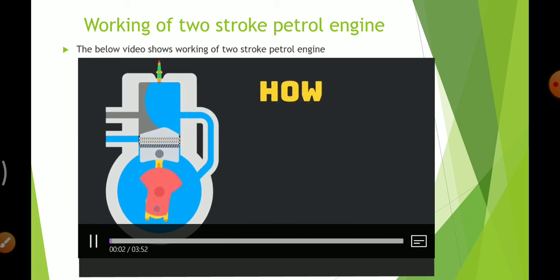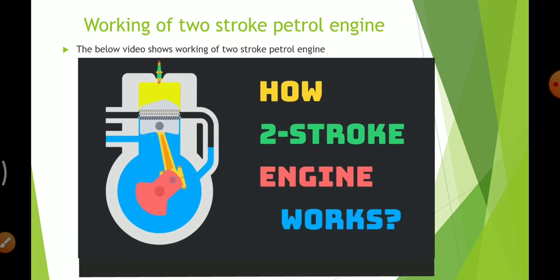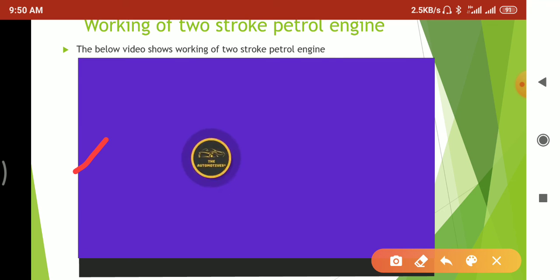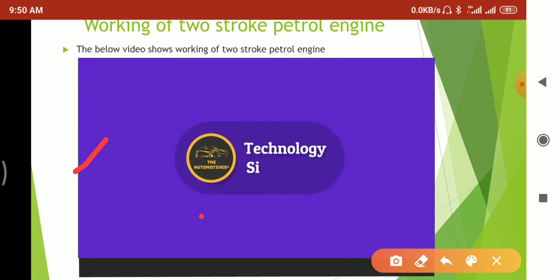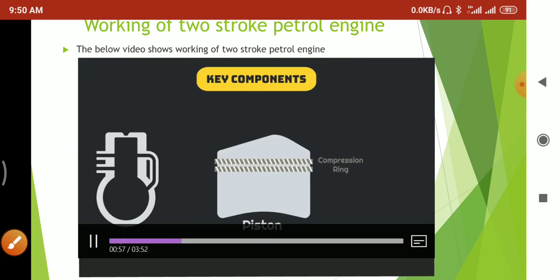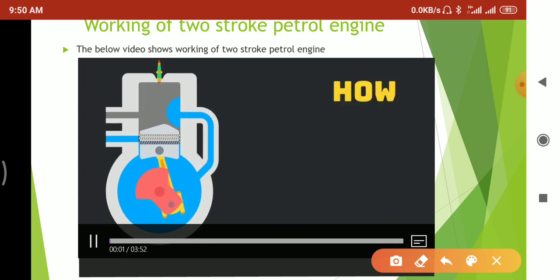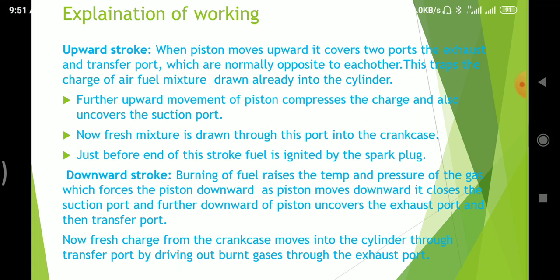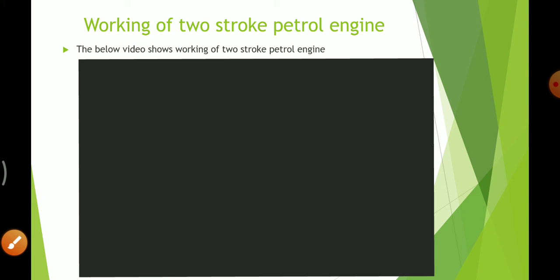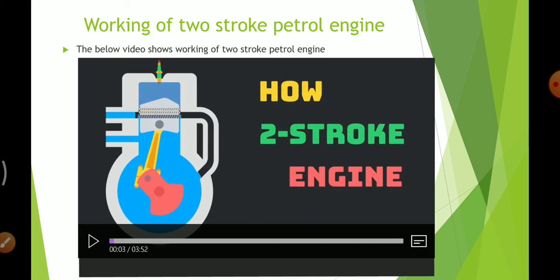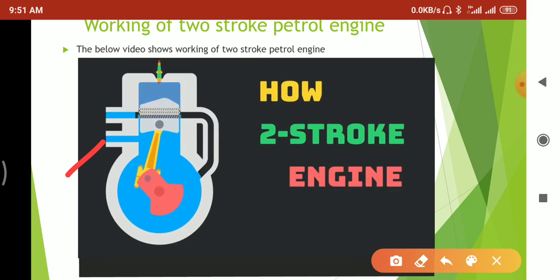See here, this is the IC engine, and this is called the inlet port, meaning the fresh charge enters through this port.